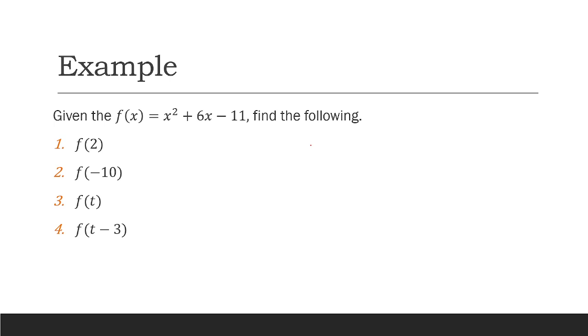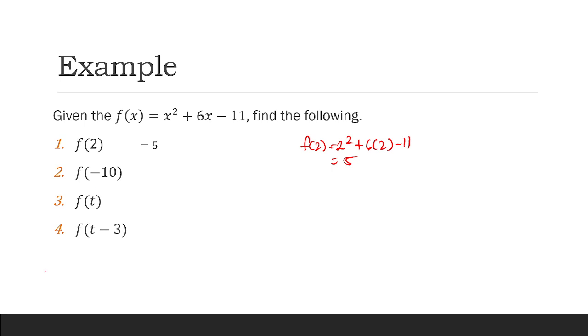For f of 2, that is equal to 2 squared plus 6 times 2 minus 11. So 2 squared is 4, plus 12, minus 11. That's 4 plus 12, 16, minus 11. So f of 2 is equal to 5.